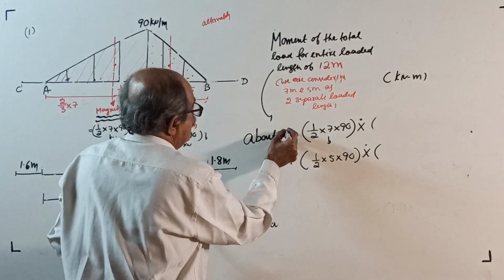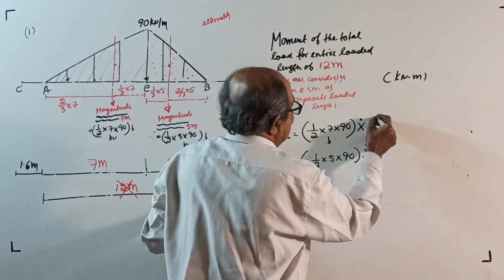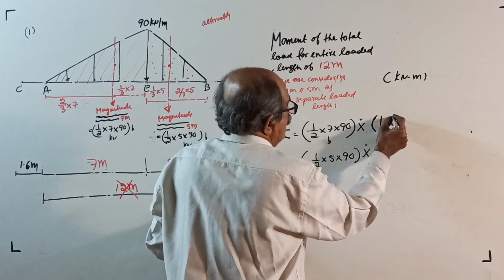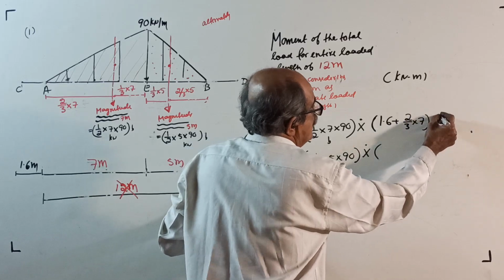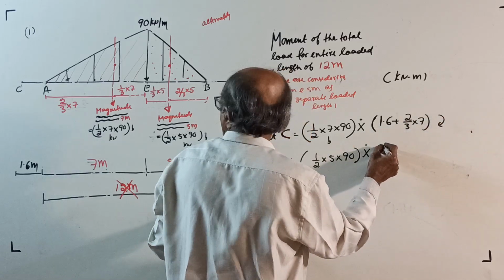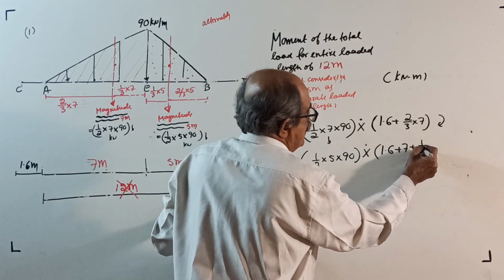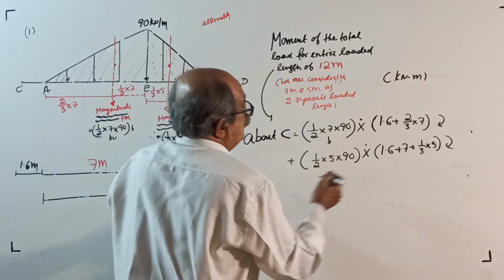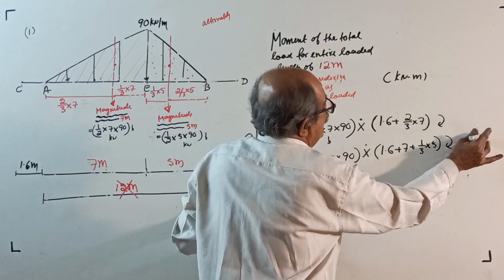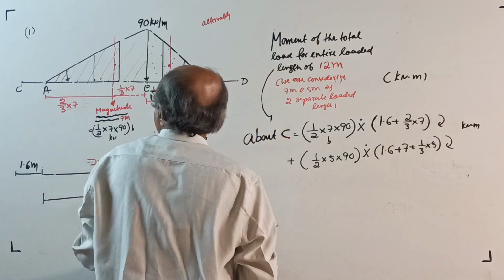Moment about C. I'll first write it so that it is easy for me. Okay, kilonewton meter. Every day I have to write it, kilonewton meter. Okay, both are clockwise. Start.